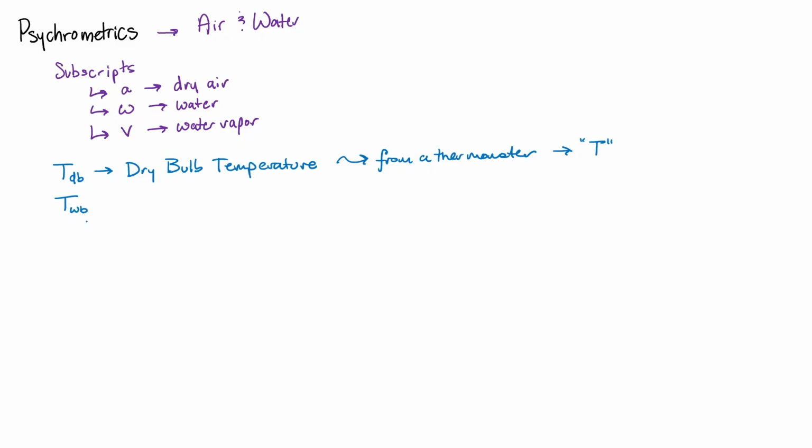Now, the reason we have to designate it the dry bulb temperature is because we also have a TWB, and this is the wet bulb temperature. So this is the temperature if it's raining.